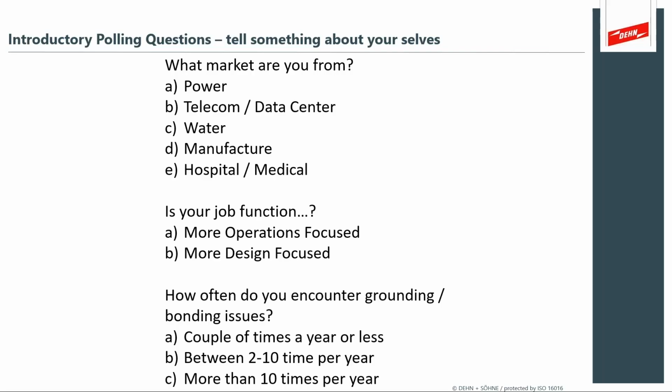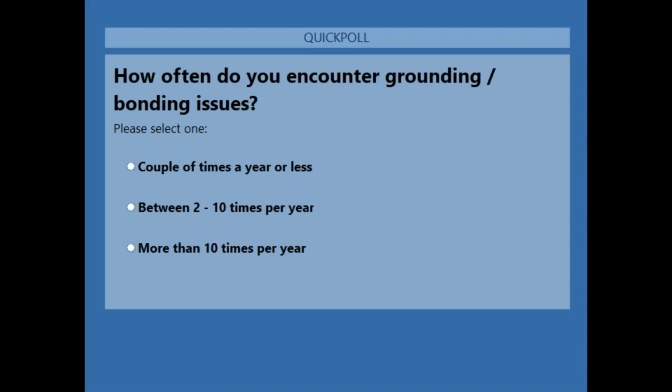Our third opening polling question is to help us understand your familiarity with lightning problems. How often do you encounter grounding and bonding issues? Is that a couple of times, between 2 and 10, or more than 10 times per year, which my friends here in Florida know very well.